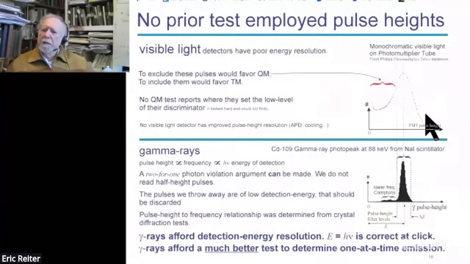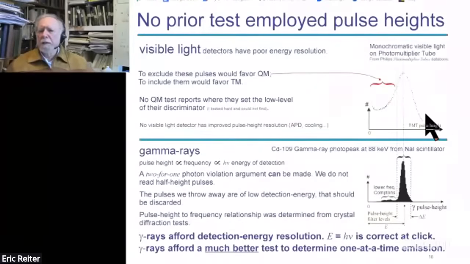So with visible light, you cannot prove your idea. Right. And there is no experiment in the literature with gamma rays or alpha rays. That's right. The idea is very simple.